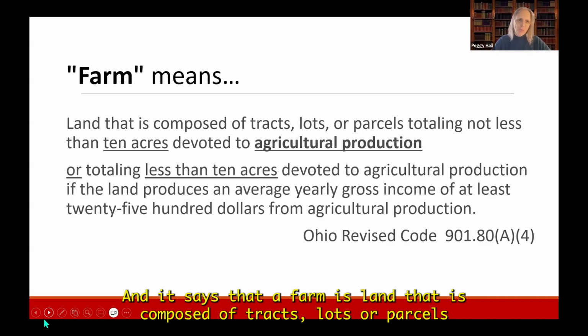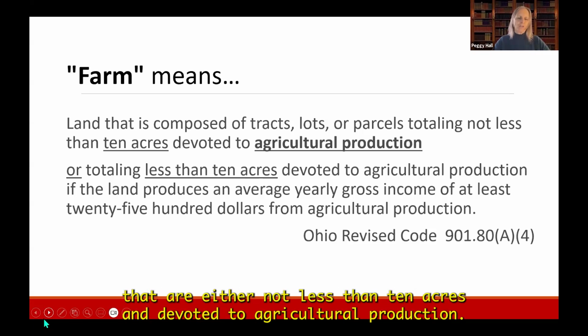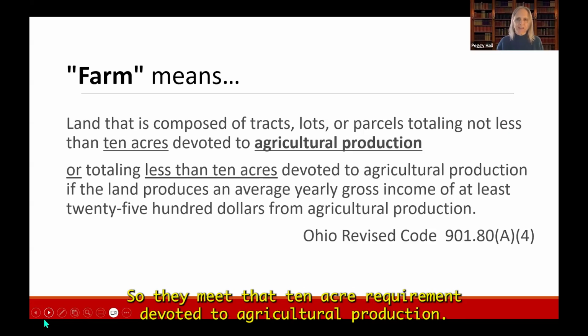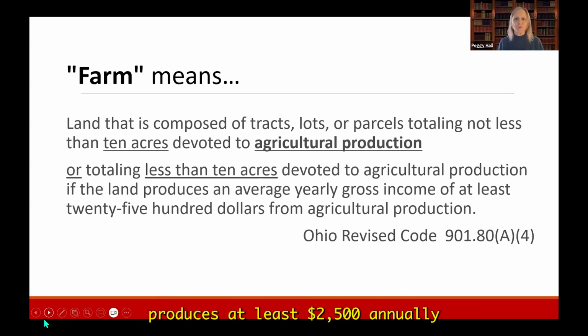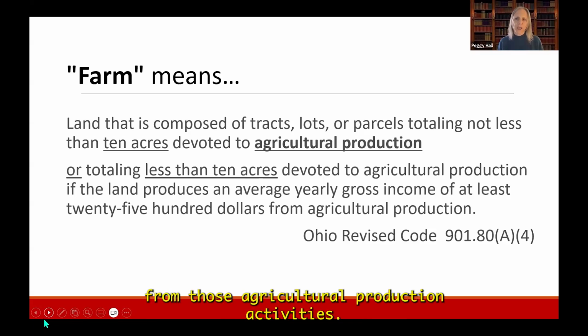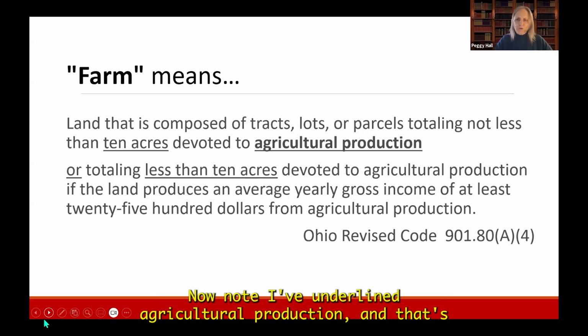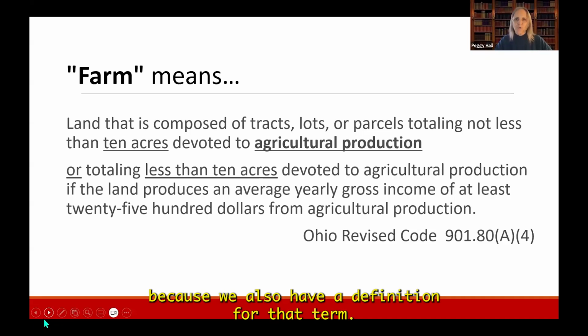And it says that a farm is land that is composed of tracts, lots, or parcels that are either not less than 10 acres and devoted to agricultural production, so they meet that 10-acre requirement devoted to agricultural production, or if less than 10 acres, then that devotion to agricultural production produces at least $2,500 annually from those agricultural production activities. Now, note I've underlined agricultural production, and that's because we also have a definition for that term.